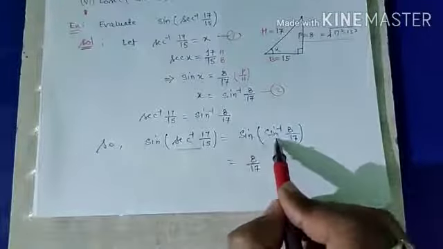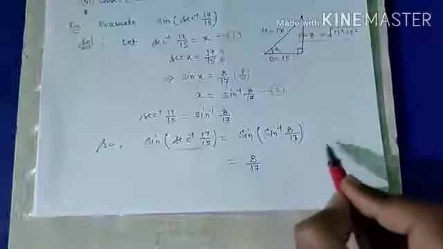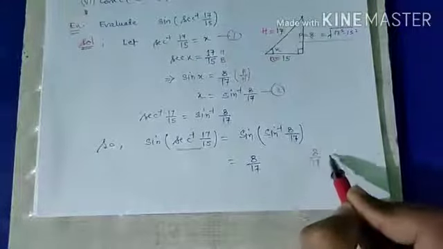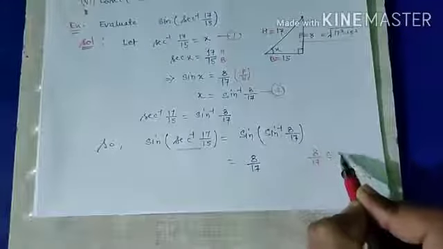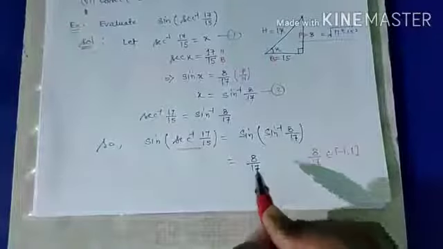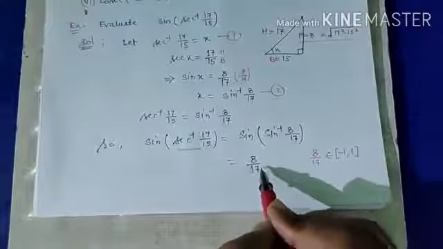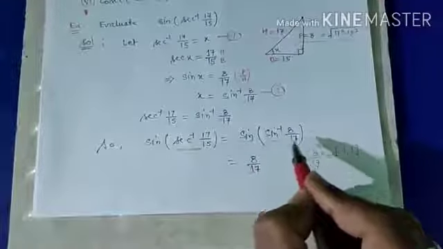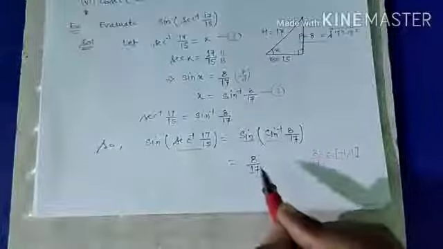Now the value of 8/17 is lying between -1 to 1. So by using the formula discussed in this video I can remove it, then I can say 8/17 is the answer.